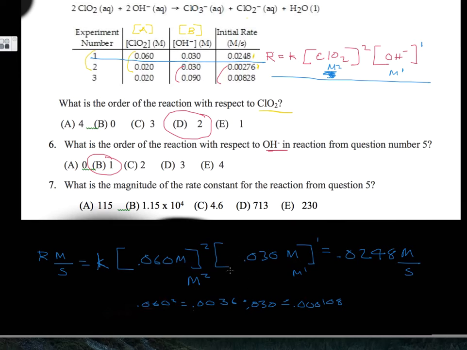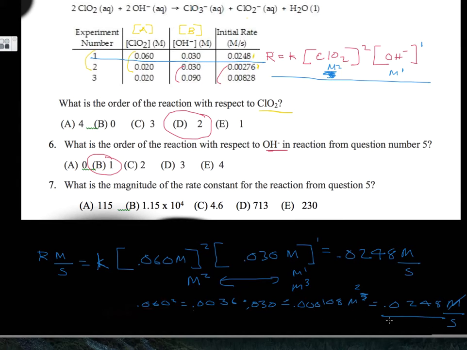Now, when we multiply these two together, these are going to combine to have units of molar to the third, and so molar to the third equals 0.0248 molar per second. And one of these molars will cancel, so we'll have molar squared over here.